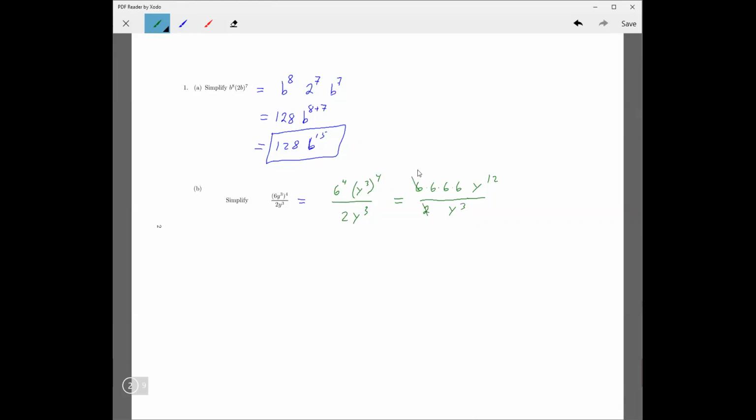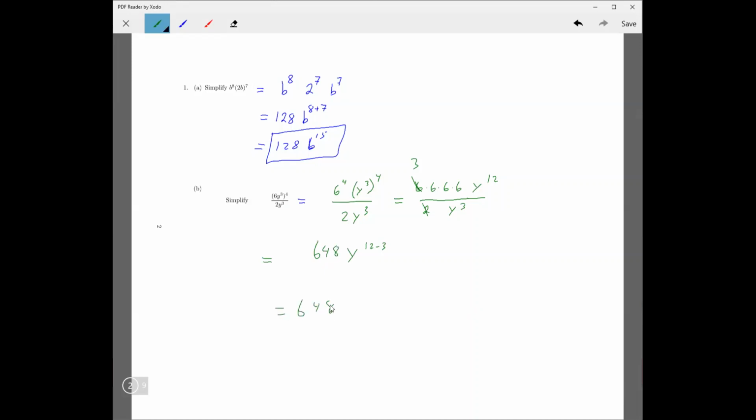Now this 2 is going to reduce part of this to 3. One of those 6s to a 3. And then we have y to the 12th divided by y to the 3rd. That's going to be y to the 12 minus 3. That's what that does. And then 6 times 6 times 6 times 3 is 648.